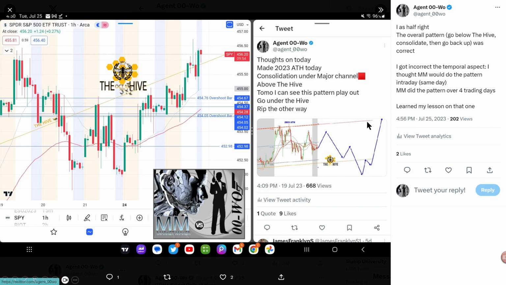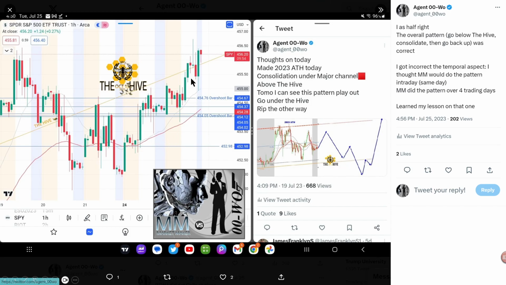Now, 25th. Oh, this is still Tuesday. Actually, on the 19th, I think it was a Friday, I predicted this pattern would happen: up, down, below the hive, come back above the hive.